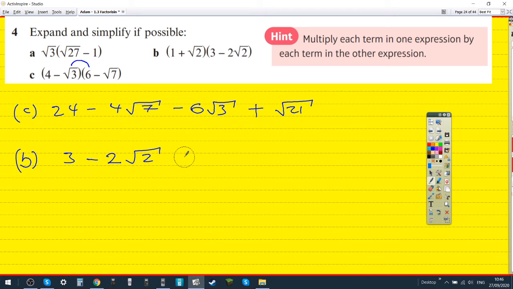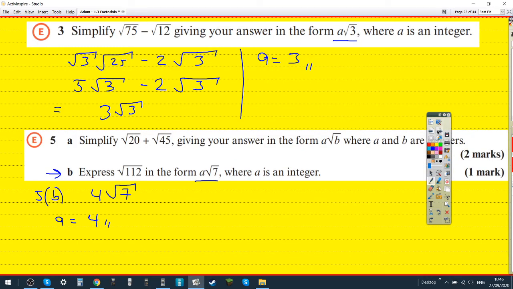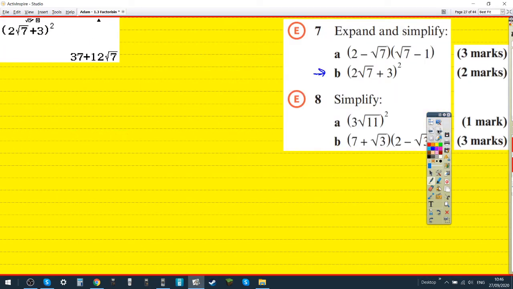And then plus 3 root 2. And then minus 2 root 4. That's great. And you can simplify that, but I'm not worried about that.